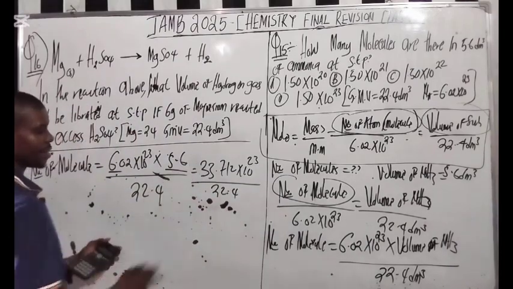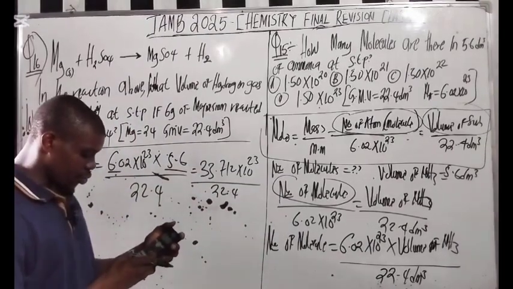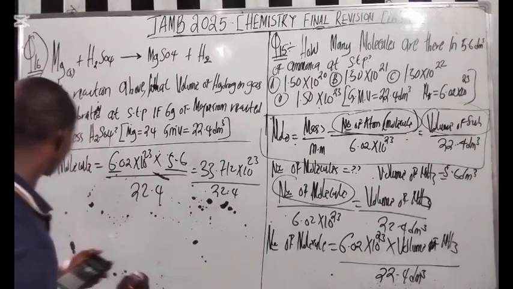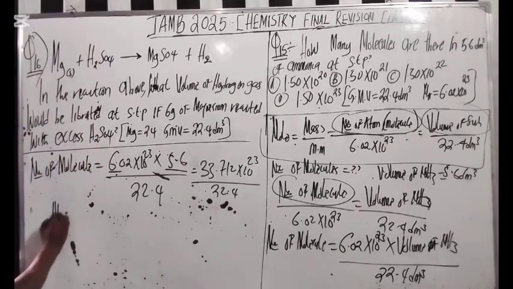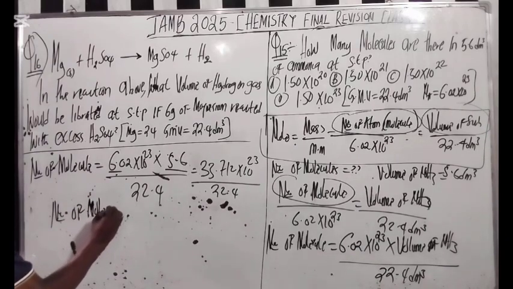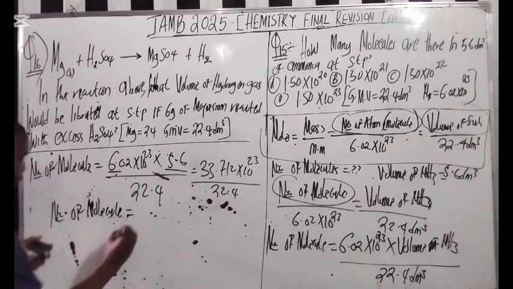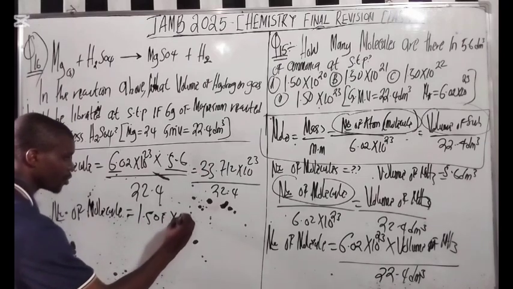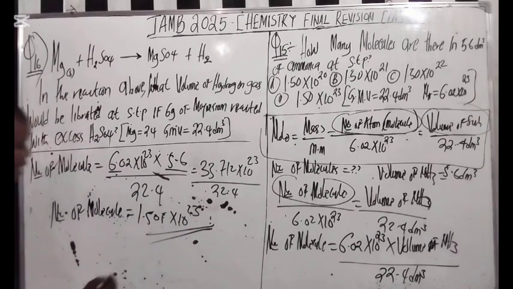So this divided by this, we have 1.505. So the number of molecules is going to be 1.505 exponential 23.